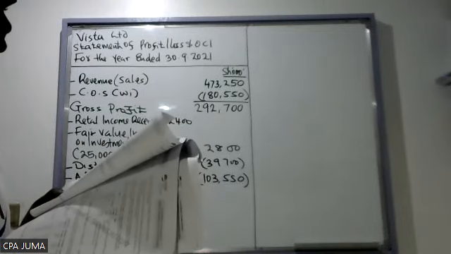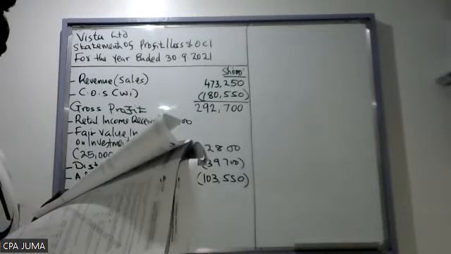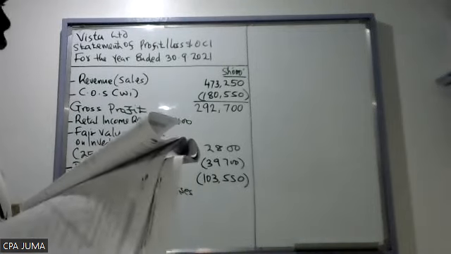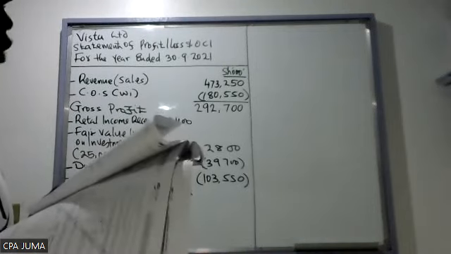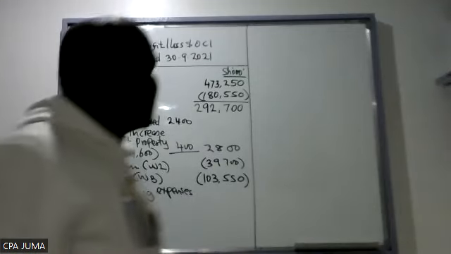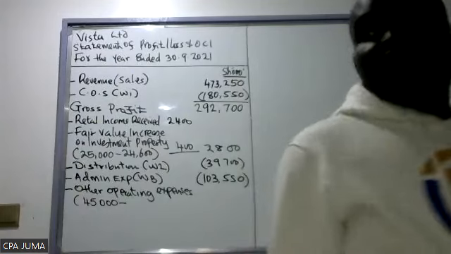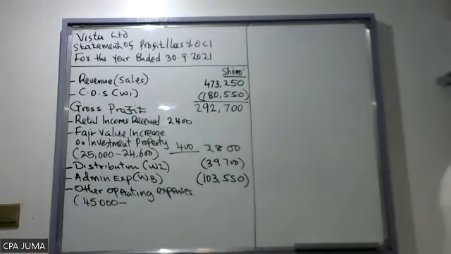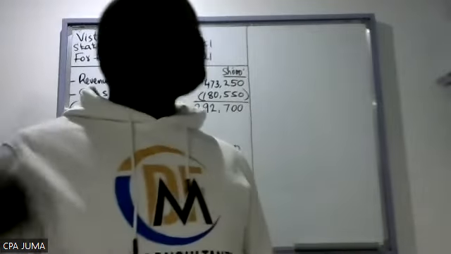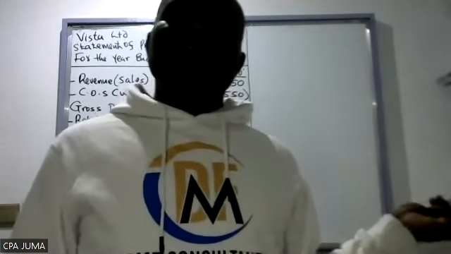Included in other operating expenses is a payment of 10 million made on an annual lease rental. Lease rental, when you pay lease, is like loan payment. Lease is a special loan. When you pay a loan, you don't expense.